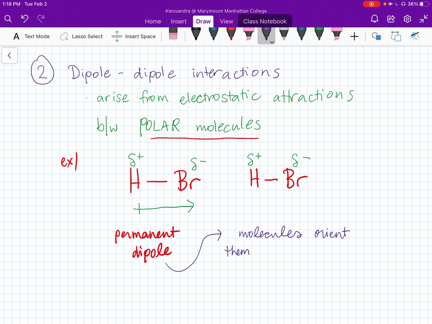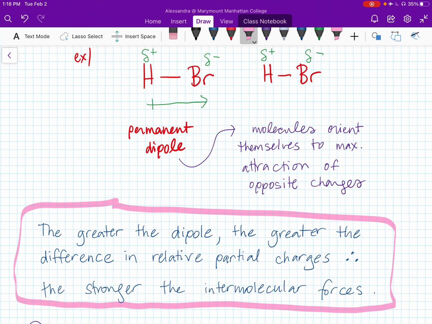So, one truth that is very important is this. The greater the dipole, the more polar the molecule, the greater the difference in relative partial charges. And the greater the intermolecular forces, the stronger the intermolecular forces.